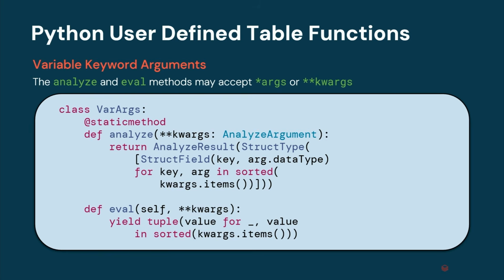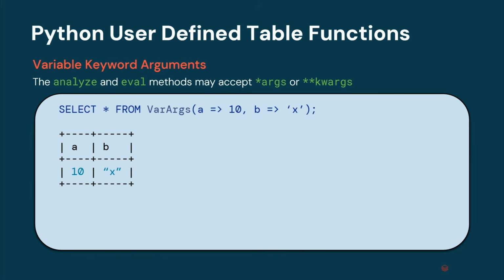If you say it accepts **kwargs, whatever you call the function with, it'll work, and then the methods can look at what the arguments are, the names of them, and then the values. So you can make a UDTF like this, just pass in some values, and then do what you need to do.